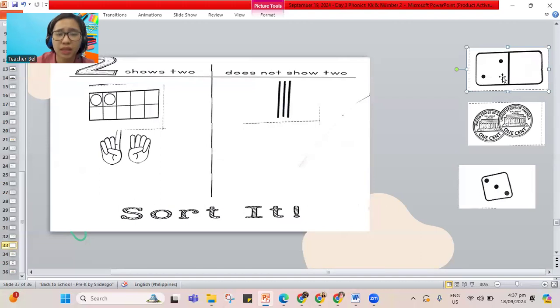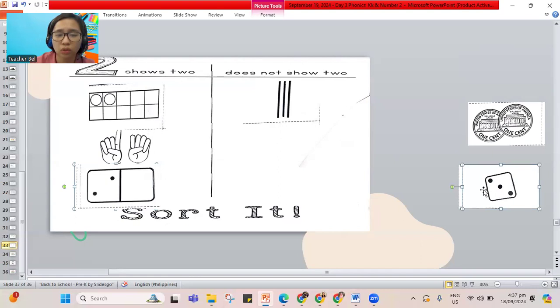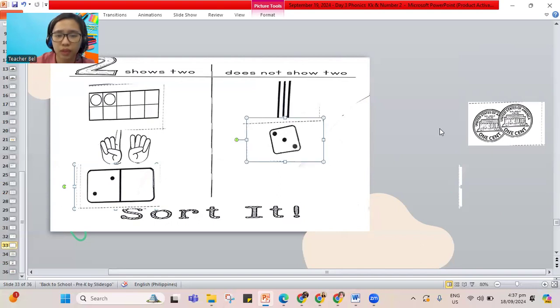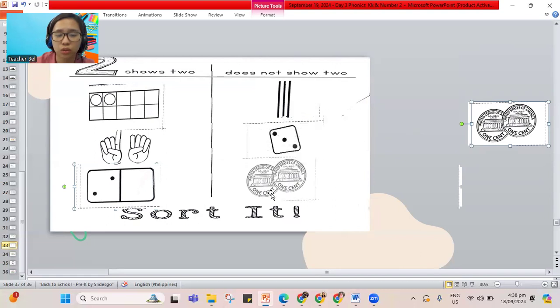How many dots in the dice? One and two. How many for your dice? One, two, three. And I think this one, it's not centavo but a US coin. I'm not sure what's the value of it, but it doesn't show number 2.